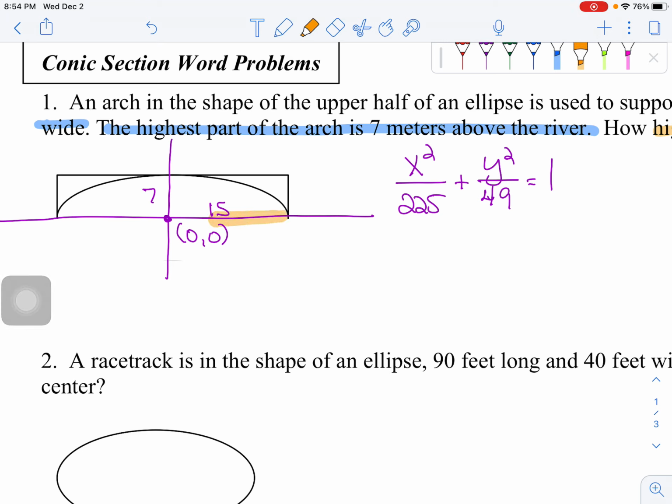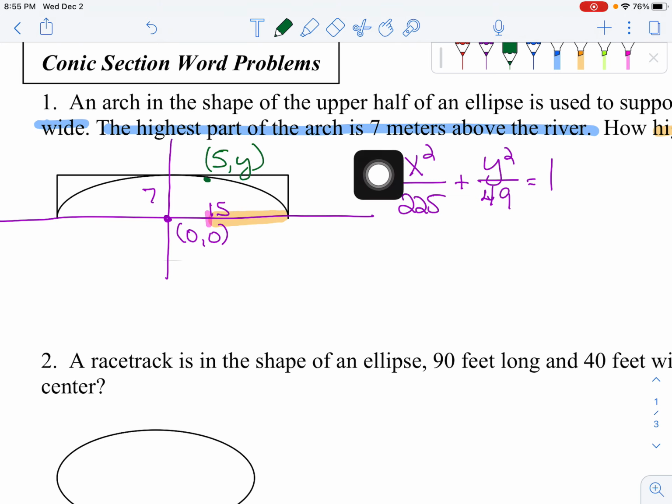If I move in 10 meters, that means I would be 5 meters from the center of our ellipse. If I am 5 meters from the center and I'm looking for this height, that point would be 5 with a y. Because I know it's 5 meters from the center, so my x value is 5. And height is the part that I don't know. That's the y value I'm looking for.